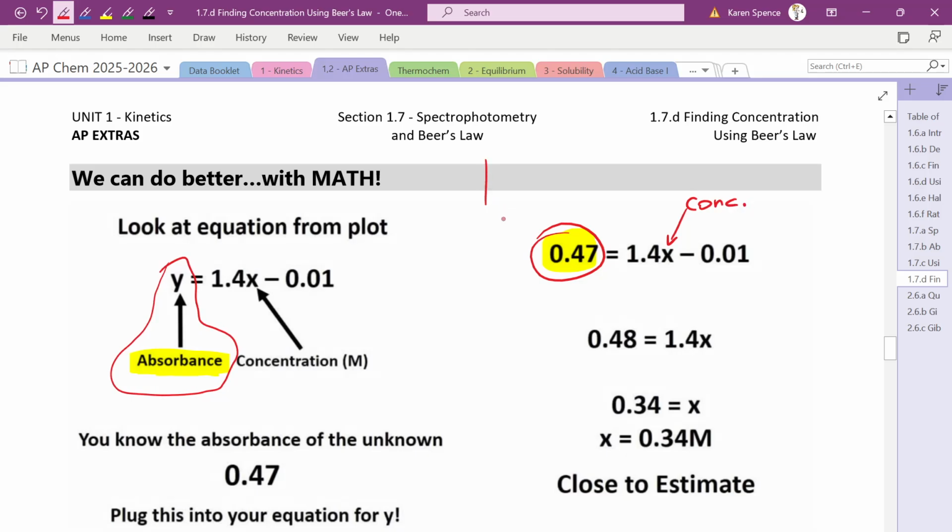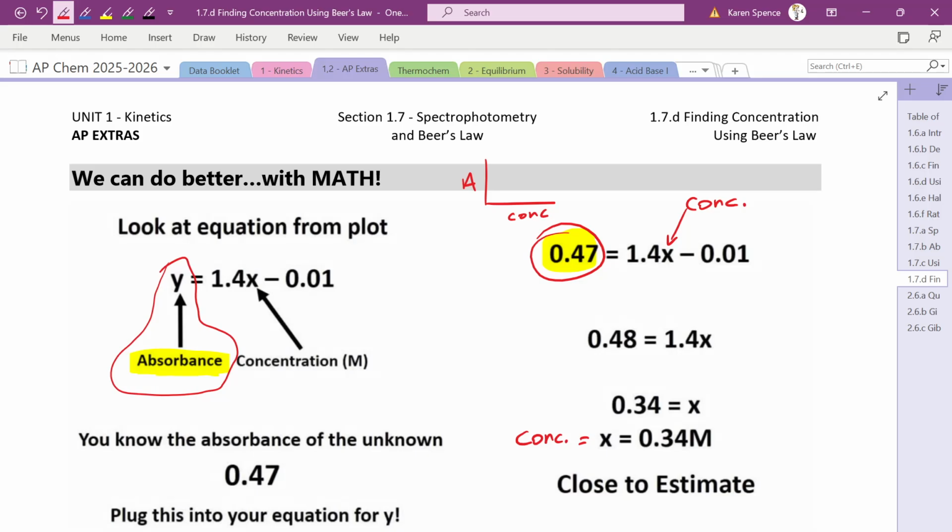Because we've got the graph, which is absorbance versus concentration. Concentration is x, because it's on the x-axis. Absorbance is y, because it is on the y-axis. You solve for x, which is the concentration, and you get 0.34. Is that good?